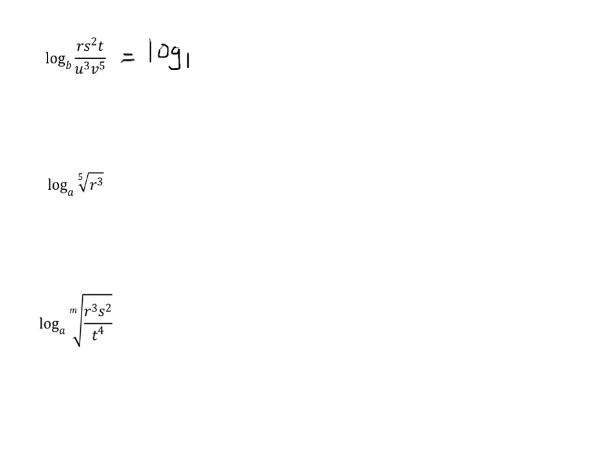Log base b of r. Log base b of s squared. Log base b of t. Minus. Gonna put this part in parentheses. So these things are being multiplied, although it's all in the denominator.